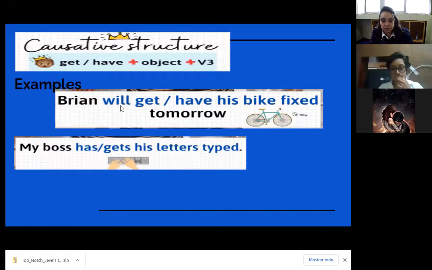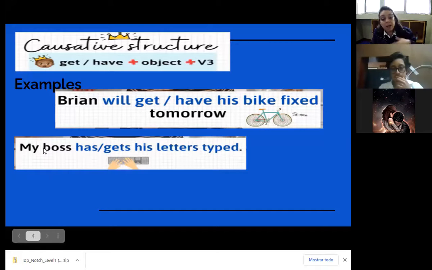Will, because it's in the future. Will get, or will have, his bike fixed tomorrow. So Brian is going to receive his bike fixed tomorrow. He did not fix it. Someone else did the action, right? He will only receive the fixed bike.